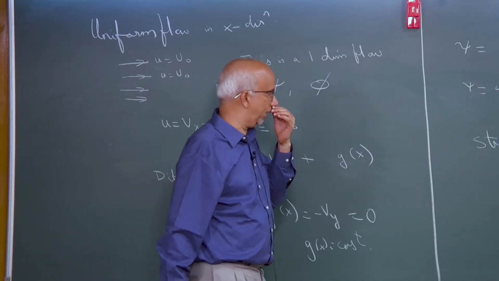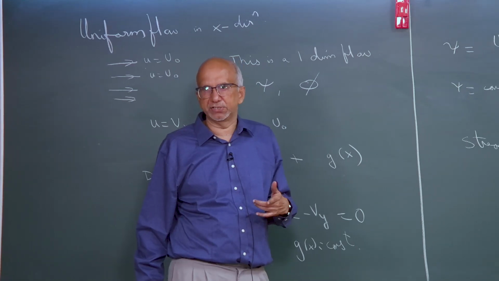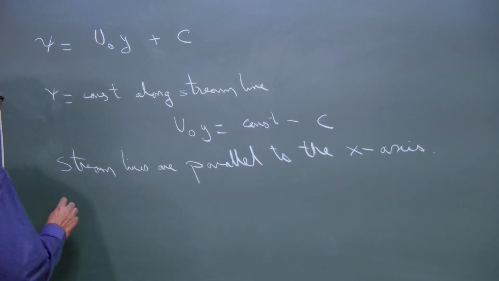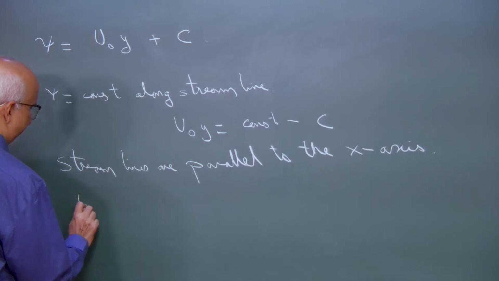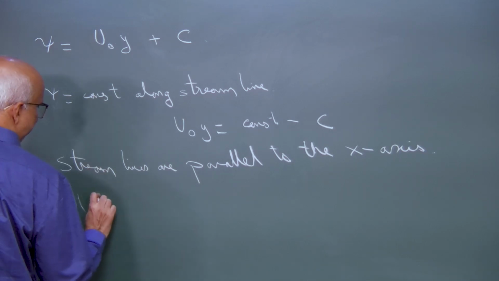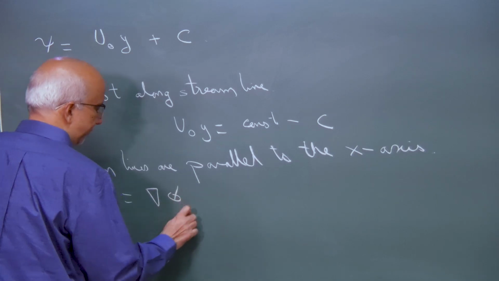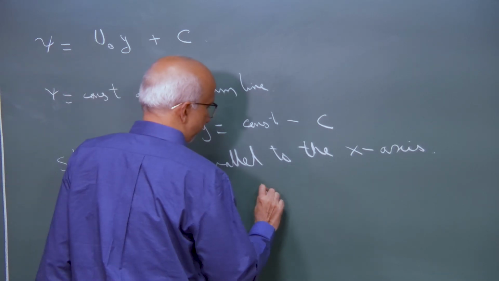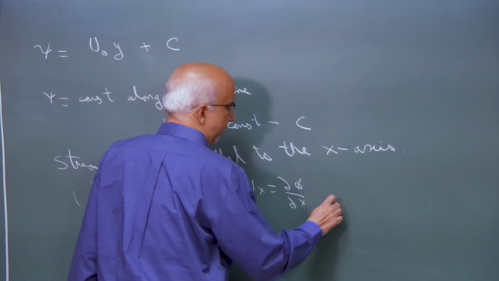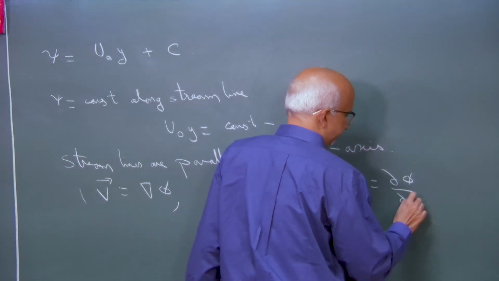Now, what I want to do is I want to find the potential function. Okay. So, for the potential function, how is the potential function defined? V is given as gradient of phi, or in other words, Vx is equal to d phi by dx, Vy, the y component of velocity, is d phi by dy.